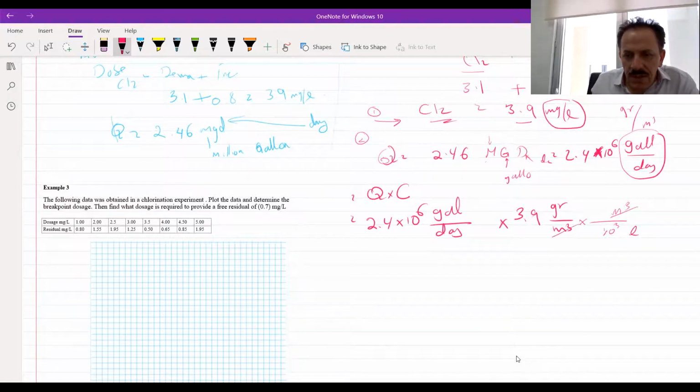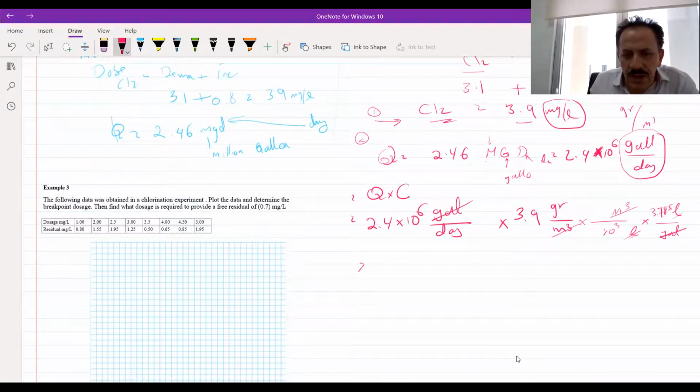So the meter cube with the meter cubes will cancel out, and by the way, this is liter. And what should I do? I will convert the liter with the gallon. We said that 1 gallon is equal to 3.785 liter, right? Am I right? Yes, sir. So gallon with the gallon will also be cancelled out, the liter with the liter.